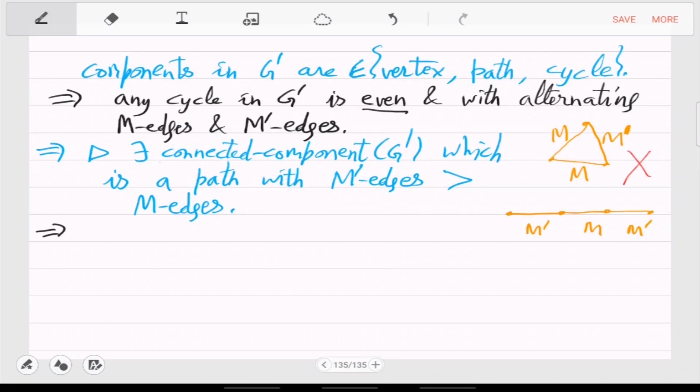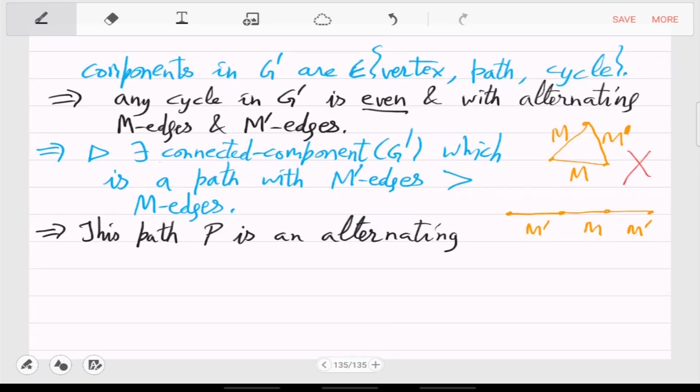So this means that this path P is an alternating path for the pair G comma M. For that given graph with that given matching, if you assume that the matching is not maximum, then there is an alternating path and we have found it systematically.